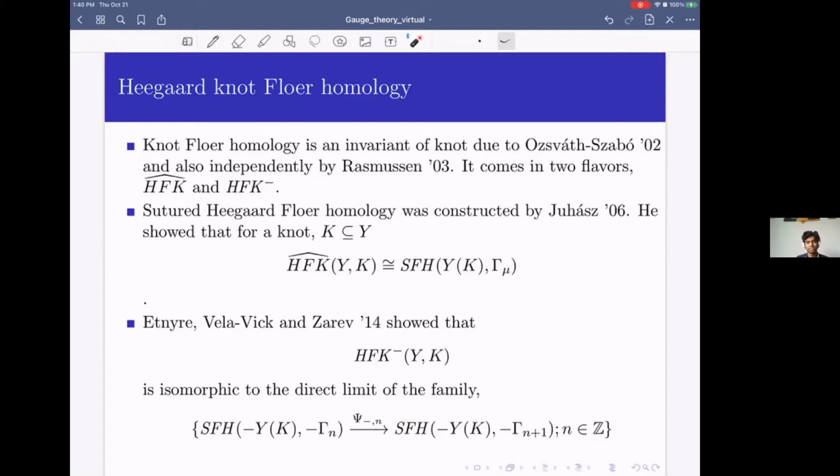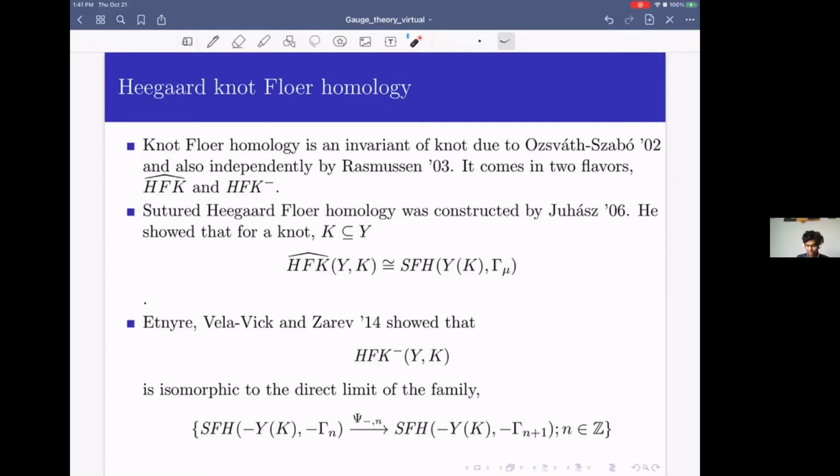A bypass is a tight contact structure on T² × I that increases the framing by 1, and there are two of them. They induce maps on Floer homology. If we look at this horizontal system, and take the negative bypass maps and form the direct limit of this horizontal system, they showed that this direct limit is isomorphic to the minus version of knot Floer homology.